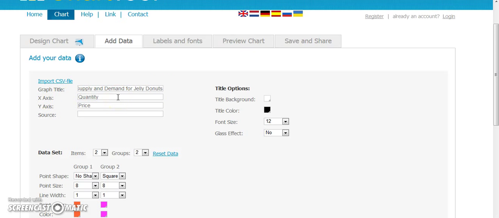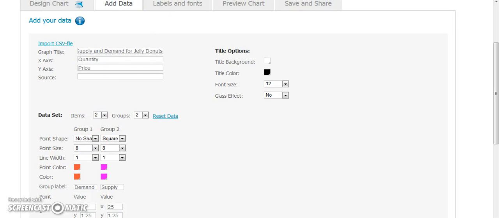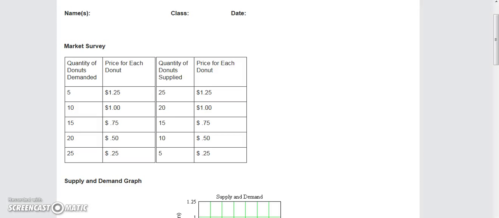We're not going to put quantity demanded or quantity supplied because they're sharing a graph. And then your y is price. On your data set, again, I do the shortcut method and just do 2 points. But if you're looking at the content here, you've got 5 points if you're going to put all of them in. Remember, if you're doing 2 points, you do this first one and this last one to make sure that you get the entire line drawn out.